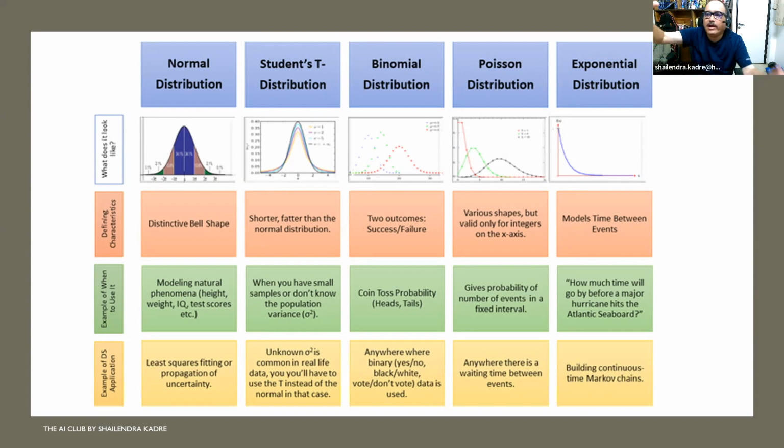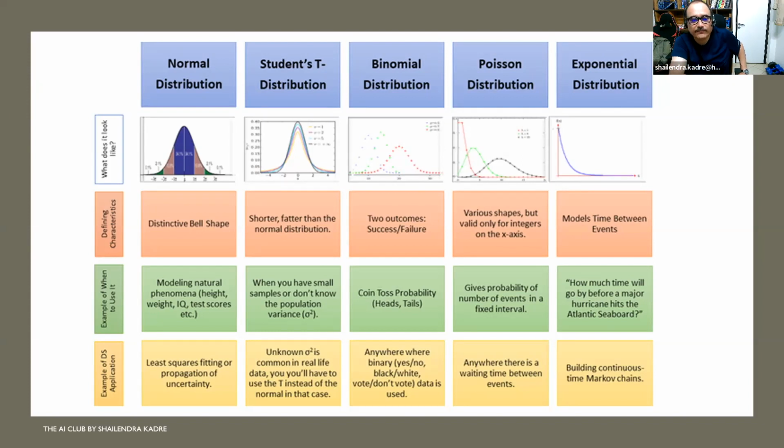If you take 200 people at random and give them an IQ test to find out their IQ, that will also follow normal distribution. Then test scores: suppose there are 62 students in the class, you give them a test paper and calculate their scores. Their scores will also follow normal distribution.